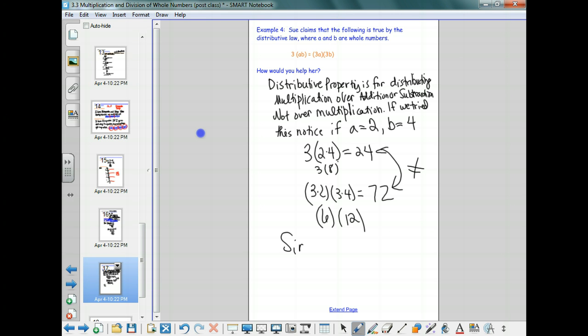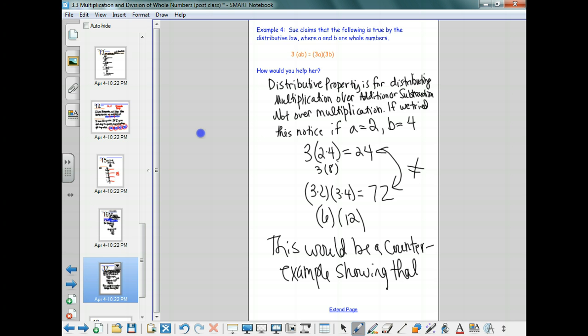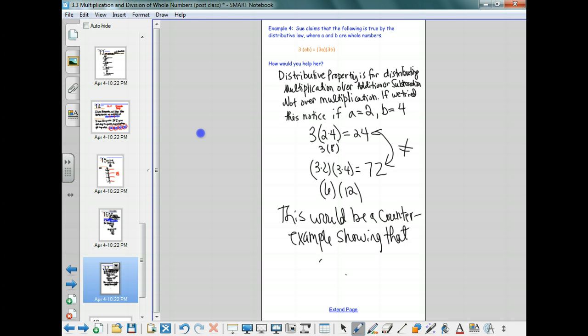You might jot yourself down a note, I'll write it here too. This would be a counterexample showing that 3 times AB does not equal 3A times 3B.